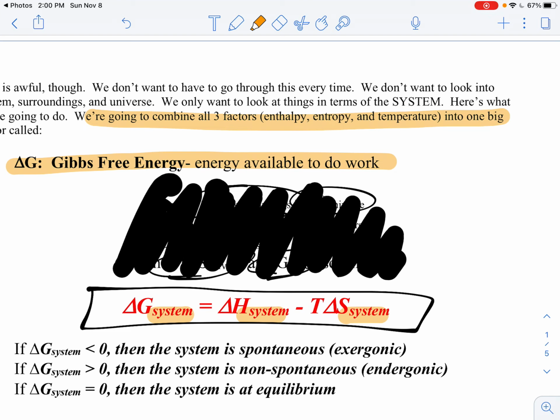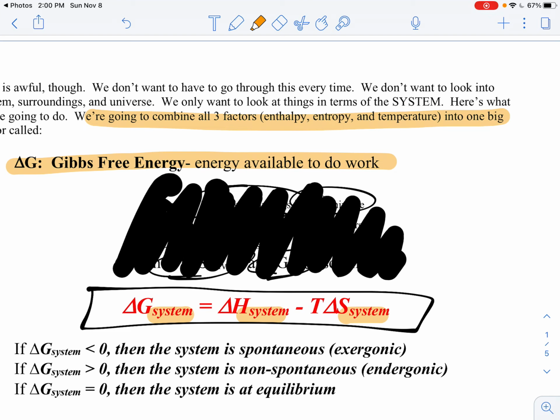And now what I'm going to do is take this negative 242 and this negative 45, and plug it into our equation here, which is this guy up here. There's my delta H, there's my delta S. I'm going to assume that I'm at 298. By the way, I don't know if I've said this before or not. If I have, great.